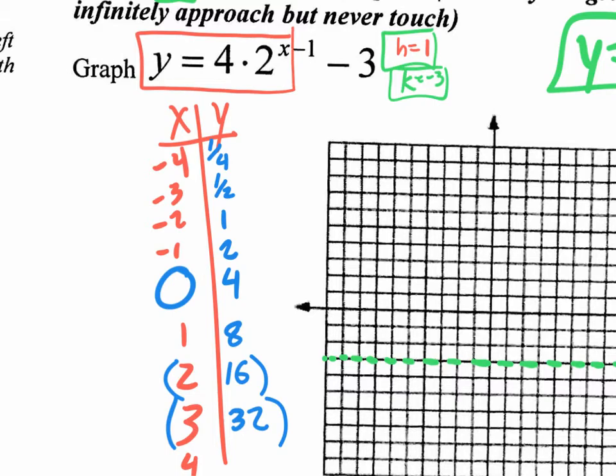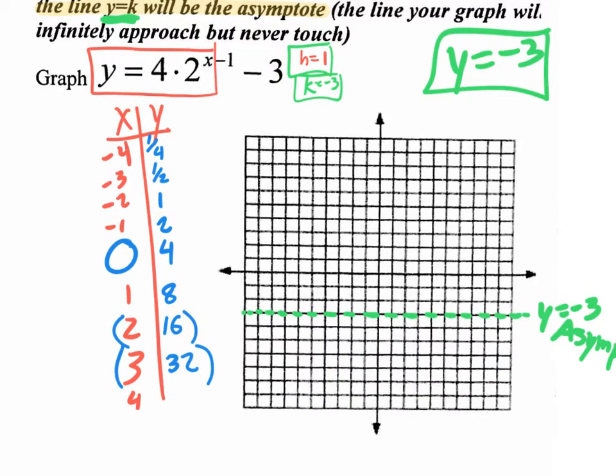So let's graph these guys. Now remember, these coordinates that we found are for this boxed in graph, not including h and k. So I want to graph these coordinates, and then I'm going to shift 1 to the right and 3 down to get my final product, which will end up on this asymptote of y equals the k value, negative 3. So let me graph 0, 4. 1, 2, 3, 4 is right there. Let me go 1, 8.